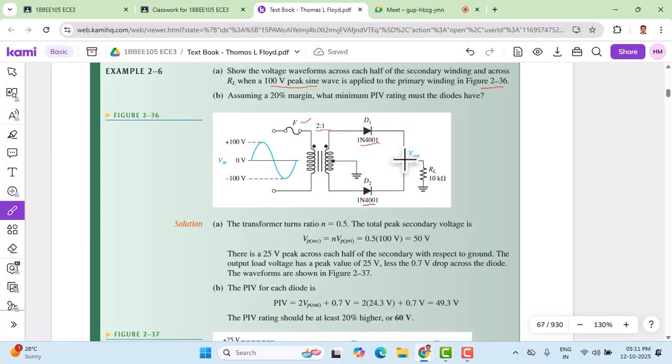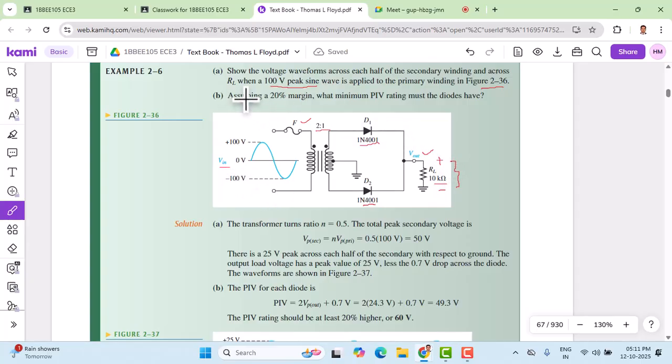Finally, the current coming out is given to the load resistor, which has a value of 10 kilo ohm. We measure the voltage across RL with polarity plus and minus here, and that voltage is indicated as Vout. Vout stands for output voltage, and Vin is the input voltage given.